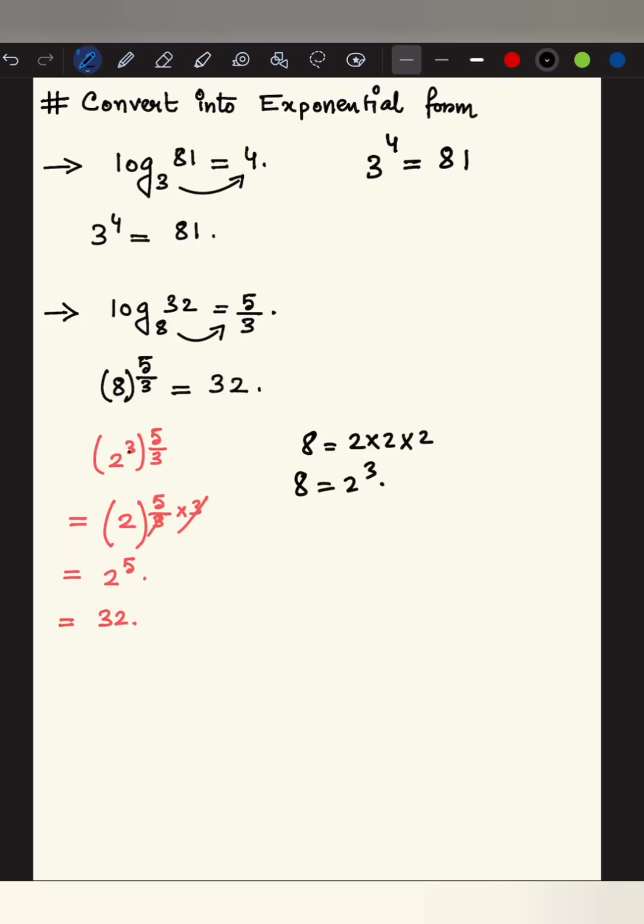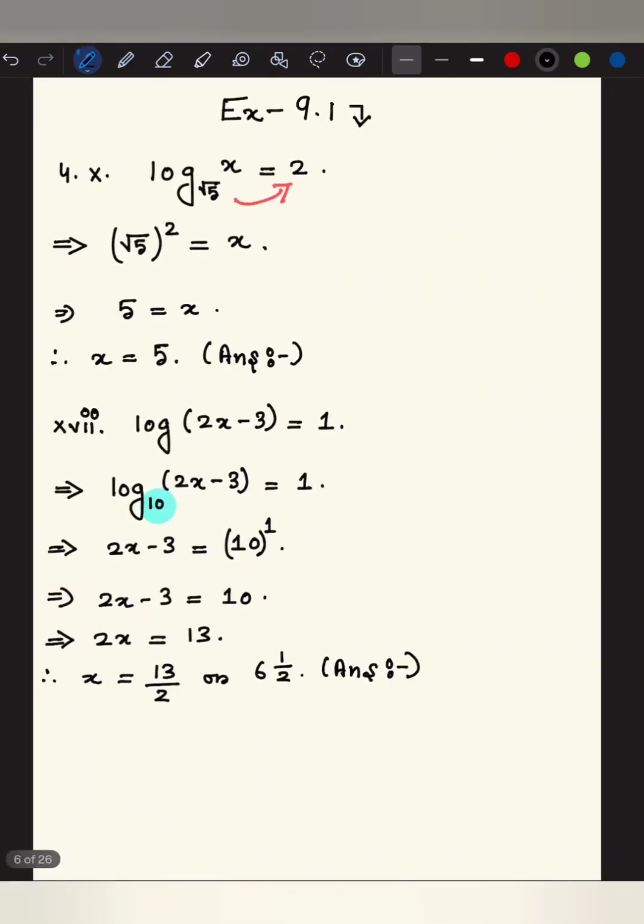So I have written it like this: 2 cube whole to the power 5 by 3. Now from the law of exponent we know that a to the power m whole to the power n is equals to what? A to the power m into n. So I have written it like this: 2 to the power 5 by 3 into 3. So this 3 gets cancelled out, and we are left with 2 to the power 5, which is equals to 32. Understood?